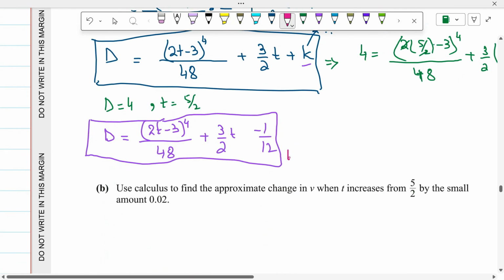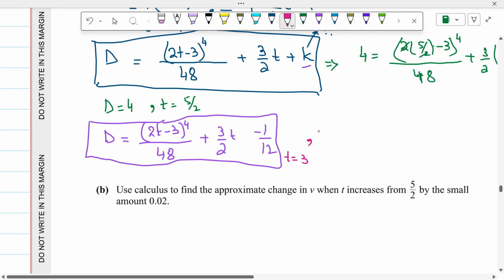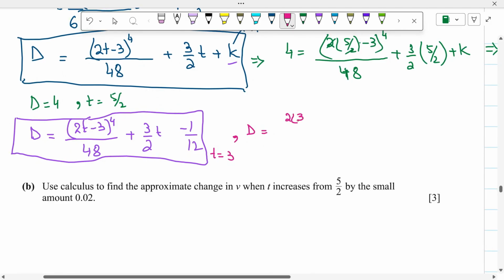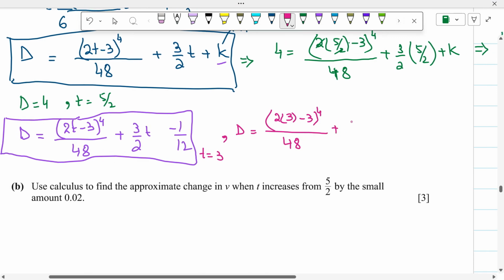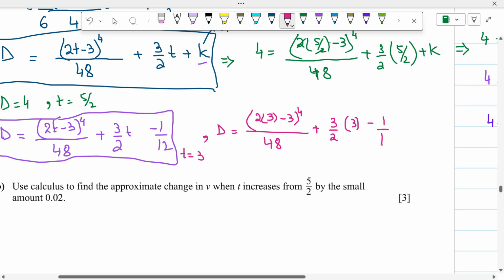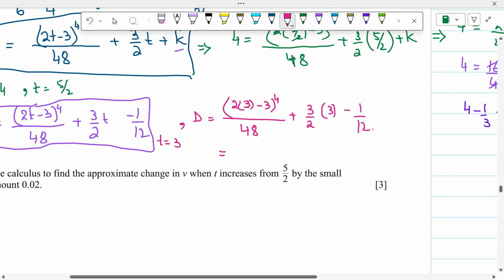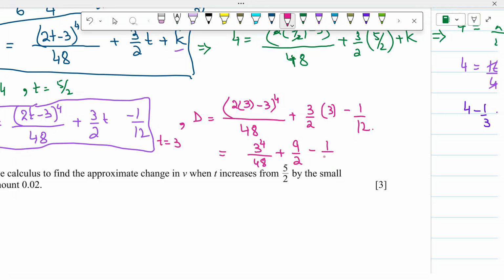When we plug in t equals 3, the displacement is (2 times 3 minus 3) whole power 4 over 48 plus 3 over 2 times 3 minus 1 over 12. 2 times 3 is 6, 6 minus 3 is 3. So 3 power 4 over 48 plus 9 over 2 minus 1 over 12.